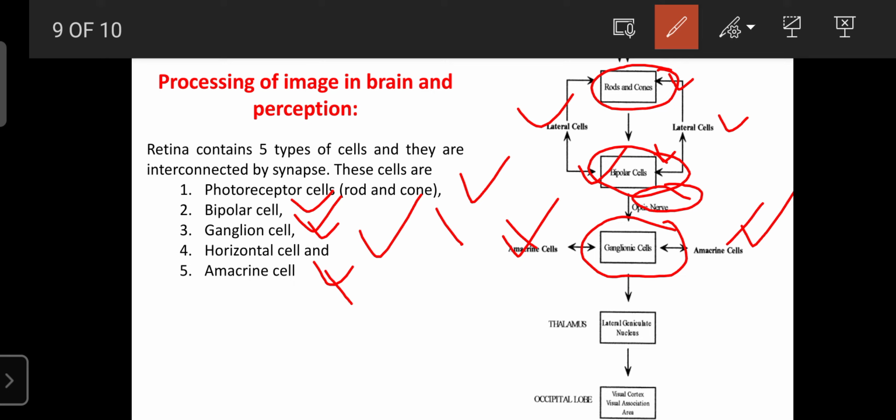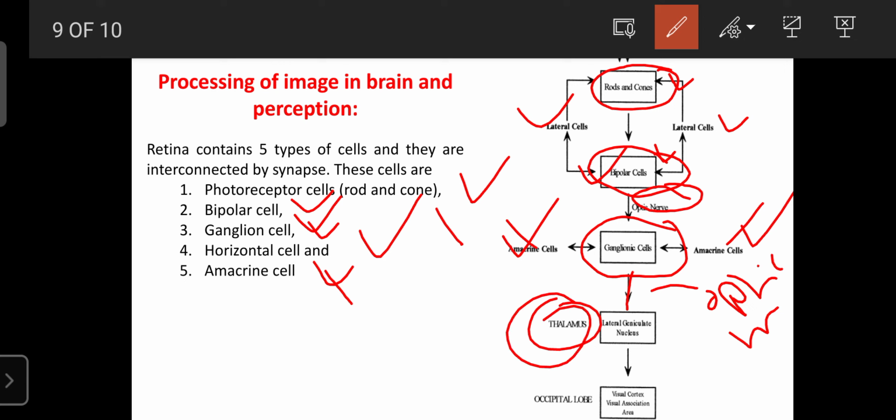Then further, this single pathway of impulses is carried towards the thalamus, and this is known as the optic tract. That tract collects the impulses from both eyes and supplies them to the thalamus. The thalamus consists of a special type of nucleus known as the lateral geniculate nucleus.